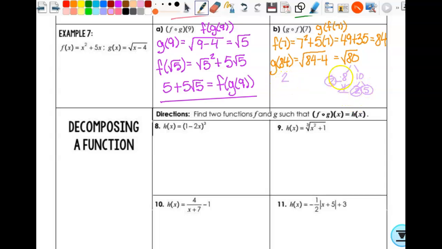Then I have 2 2's that come out as a 2. And then this 5 is by himself, so he has to stay in the house. So that means in the end that g of f of 7 is equal to 4 square roots of 5.